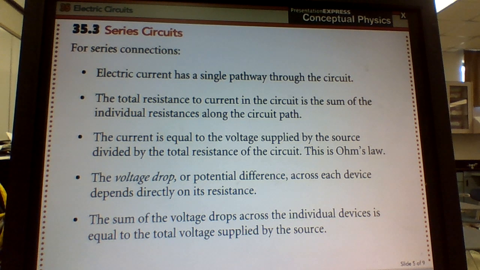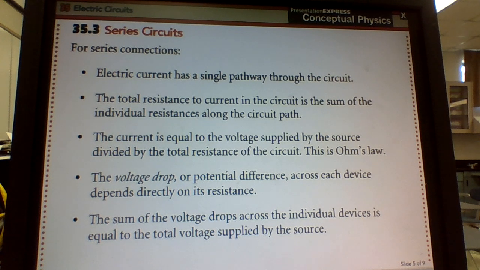The current is going to be equal to the voltage supplied divided by the total resistance. So assuming our total resistance was still 6, 9 volts divided by 6 ohms would give us a current of 1.5 amps. Voltage drop or potential difference across each device depends on its resistance.